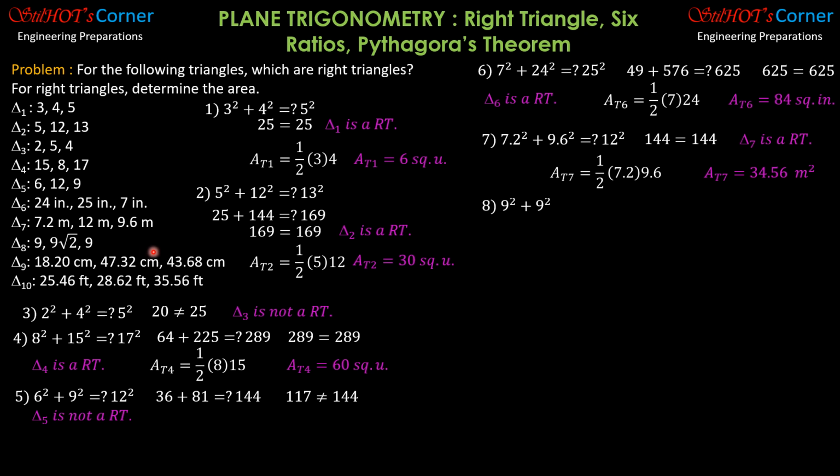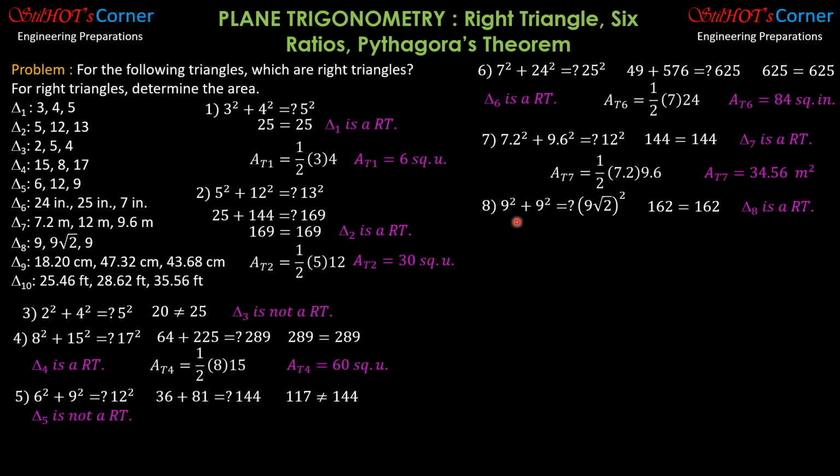So, 9 squared plus 9 squared, is it equal to 9 times square root of 2, quantity squared? 81 and 81 is 162. 162 equals 162. So the conclusion: triangle 8 is an isosceles right triangle.